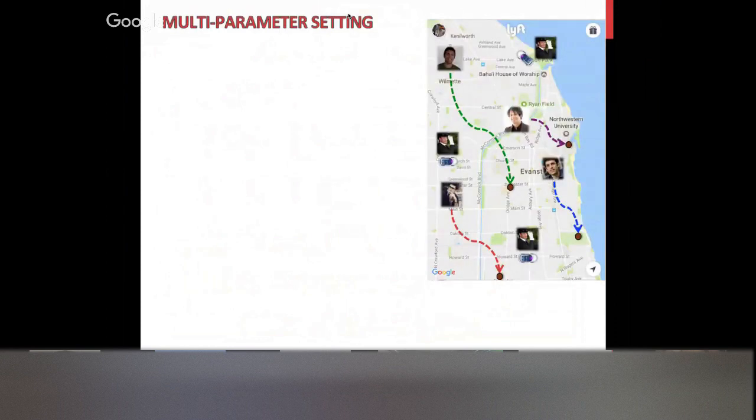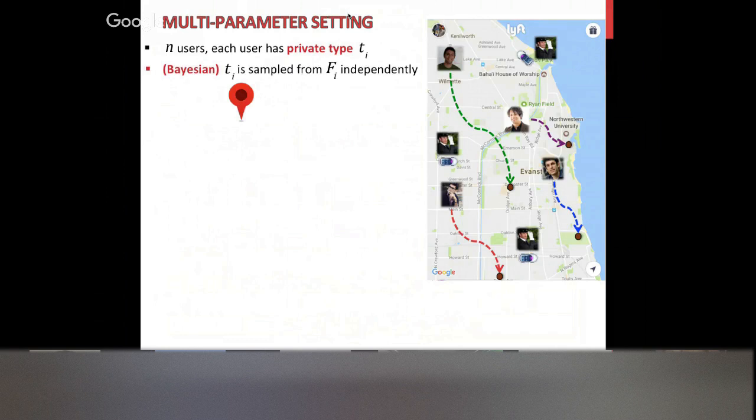So let me define the multi-parameter setting, or the VCG setting, again. Here is the abstract setting I'm looking at. I have n users, n agents, n bidders, whatever you want to call them, and each one has a private type denoted by t_i. And I'm looking at the Bayesian setting, which is very important here. I'm going to explain why. It's the setting where you can assume there are underlying common prior distributions: the type of agent i is sampled from F_i, independent from other agents.